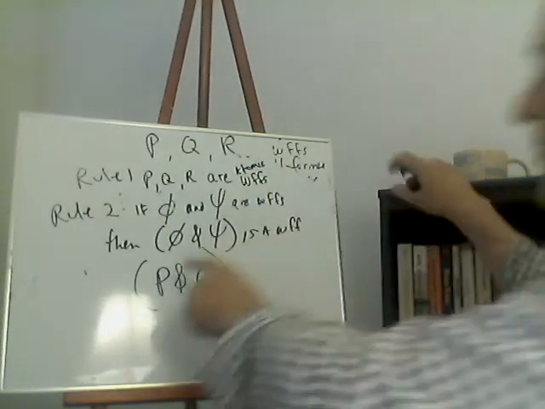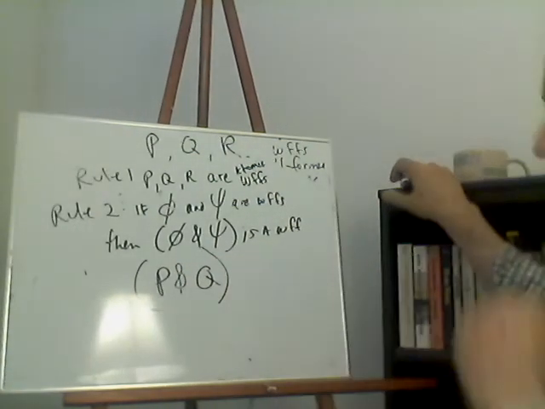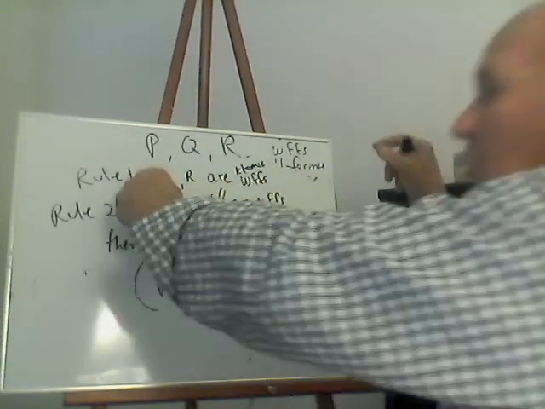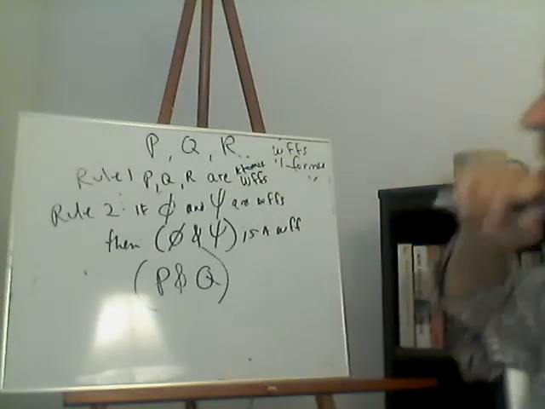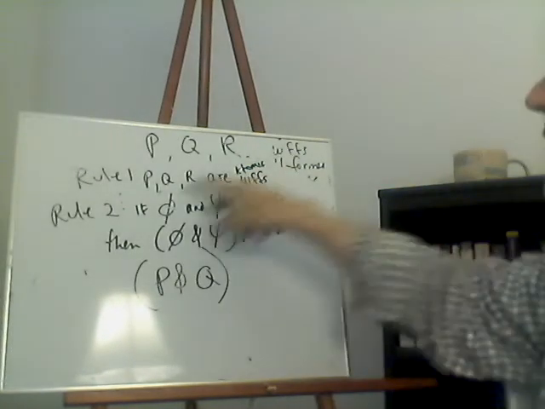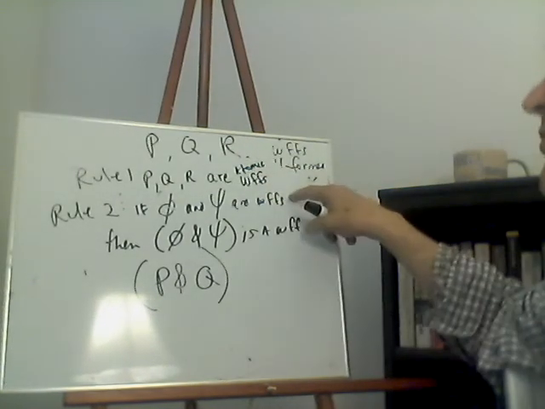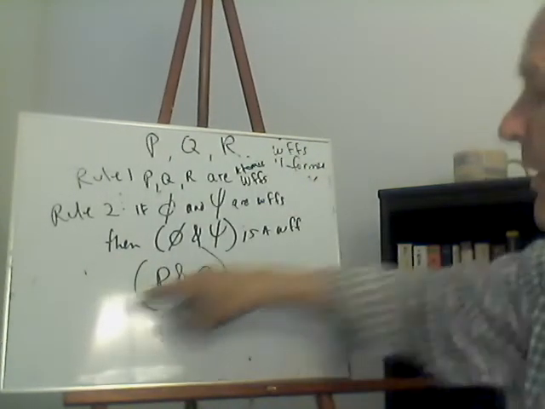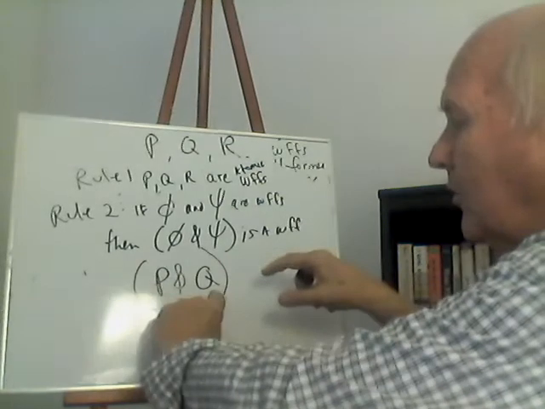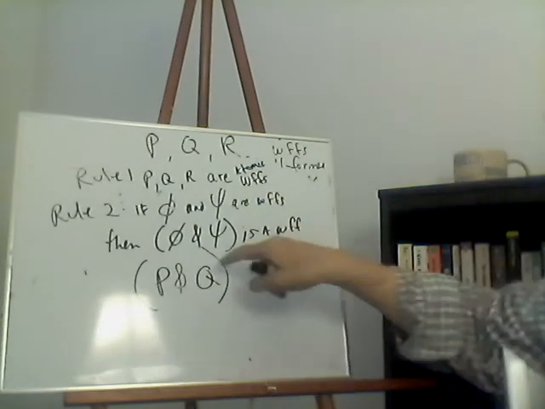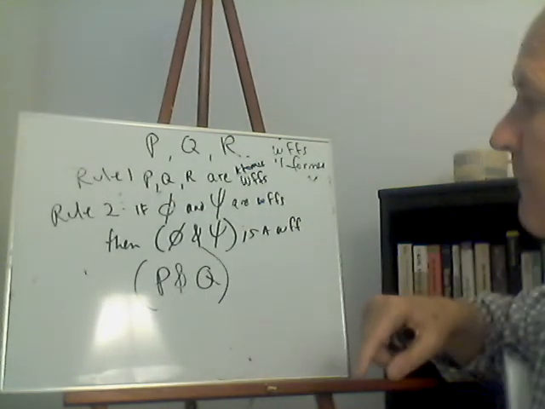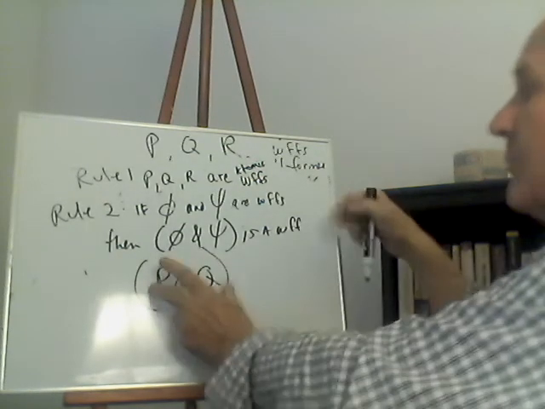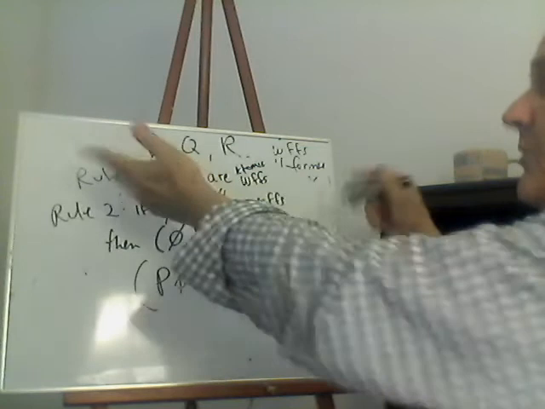Now, (P & Q) is a WFF, right? R is a WFF from Rule 1. Rule 2 says if phi and psi are WFFs, you can always put an ampersand between them. Well, this statement here, (P & Q), is a WFF. We know that from Rule 2, we just created it using Rule 2. Now we know that R is a WFF.